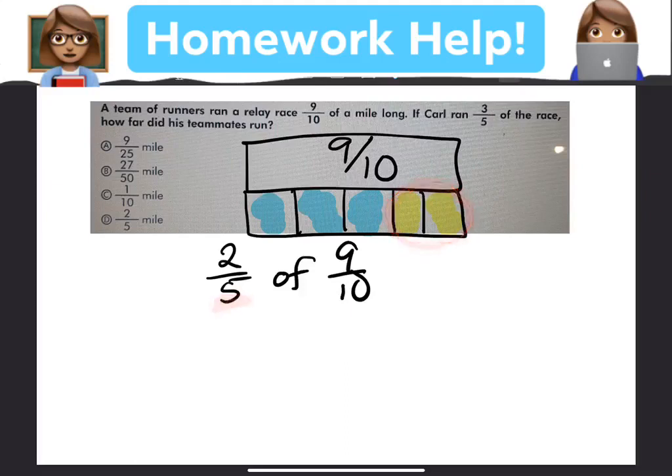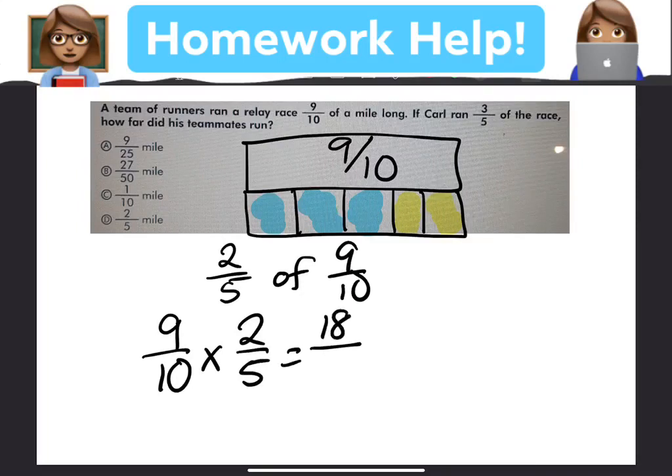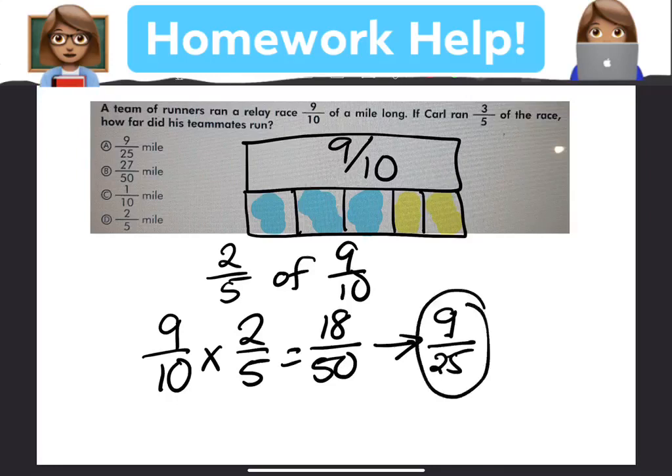So I'm going to do 9/10 times 2/5, and I get 18 over 50, because 9 times 2 is 18 and 10 times 5 is 50. I'm going to simplify this because both have a factor of 2. I divide both by 2, 2 over 2, which we call the property of 1. 18 divided by 2 is 9 and 50 divided by 2 is 25. Now this is in simplest form.